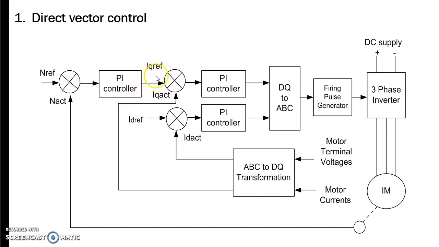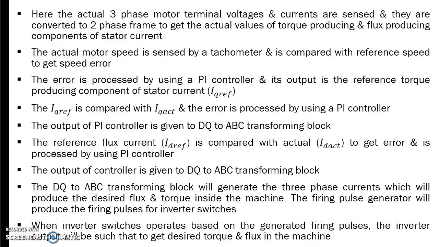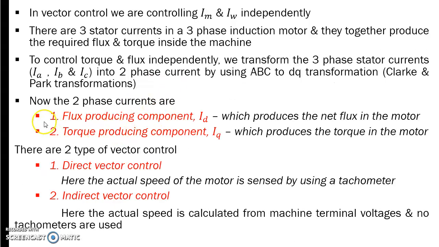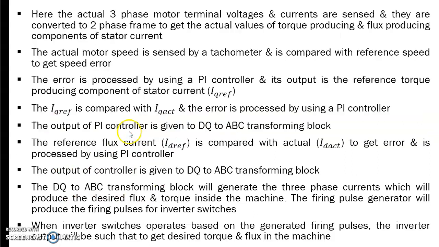This IQ reference and IQ actual value are compared and given to a PI controller. The function of this PI controller is to minimize this error. In a similar way, we have control over IQ. Control over IQ means control over the torque producing component, so you have control over torque.